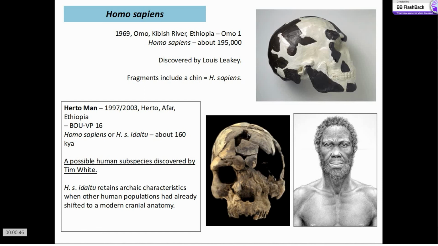He thinks that Homo sapiens idaltu was a population that retained some pretty archaic Homo heidelbergensis-like characteristics at the same time as other populations were evolving more into a gracile Homo sapiens form. I don't know, right? There's going to be a lot of diversity in any population. He looks pretty much like us. I'm sure his genetic material was not too far from us. I don't know.